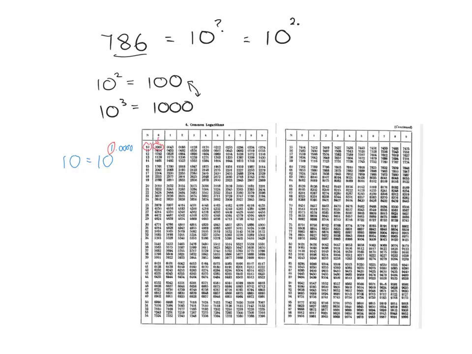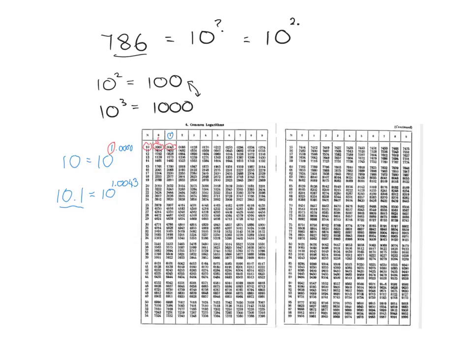So if we added that on, this number here would be 10.1 because the 1 is up there, and 10.1 would be 10 to the power 1.0043, and if you do that on your calculator, you should get 10.1 as your answer.